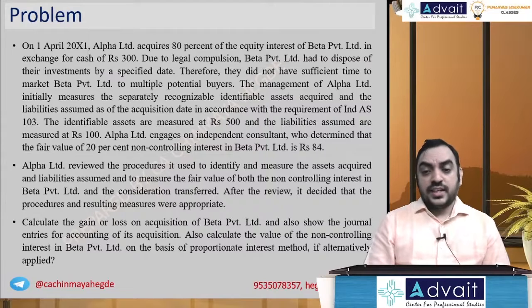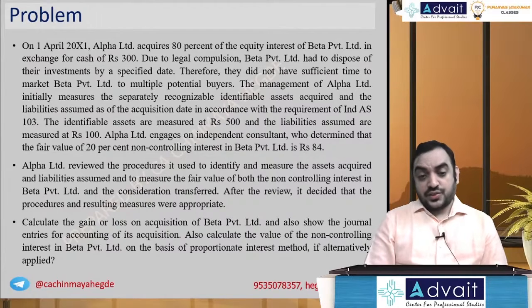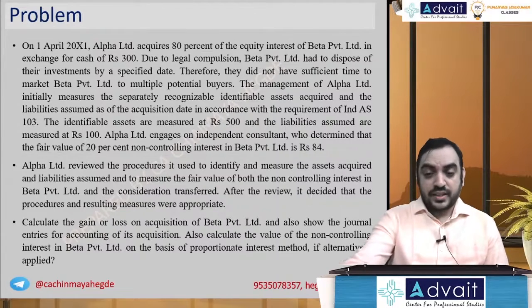After the review, it is decided that the procedures and resulting measures were appropriate. Calculate the gain or loss on acquisition of Beta Private Limited and also show the journal entry for accounting that acquisition. Also calculate the value of non-controlling interest on the basis of the proportionate interest method if alternatively applied.